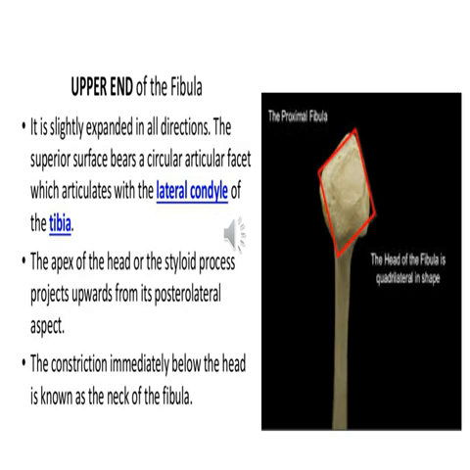So these are the features of the upper end of fibula. There is an expanded head, posterolaterally the styloid process, and on the superior surface of the head there is an articular facet which articulates with the lateral condyle of the tibia.